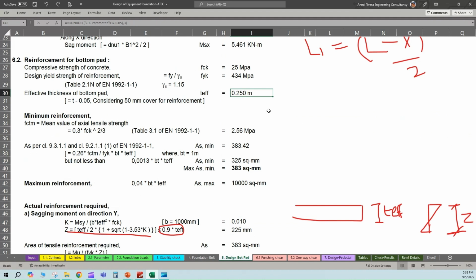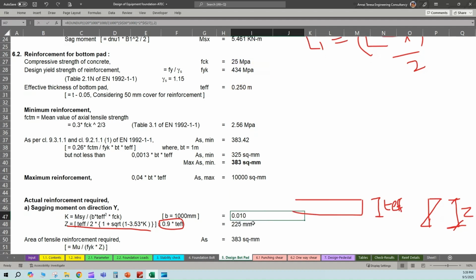And fck is the concrete cylindrical characteristic strength, which is 25 megapascal. Applying all these values in K, which is the neutral axis depth factor, we get 0.010.